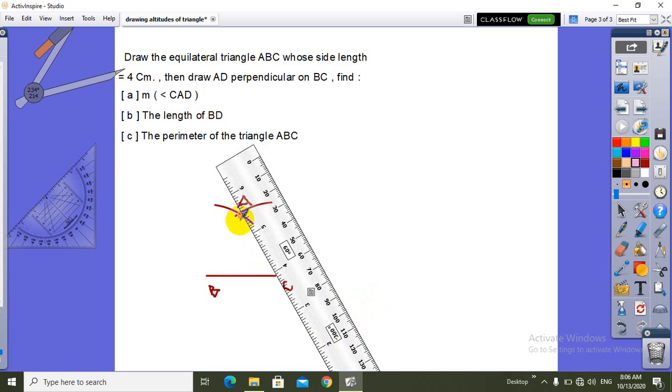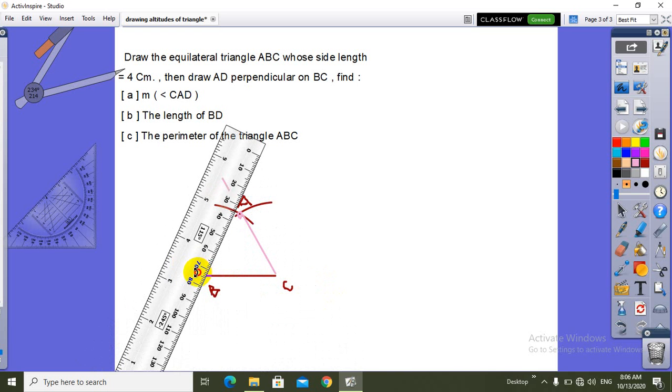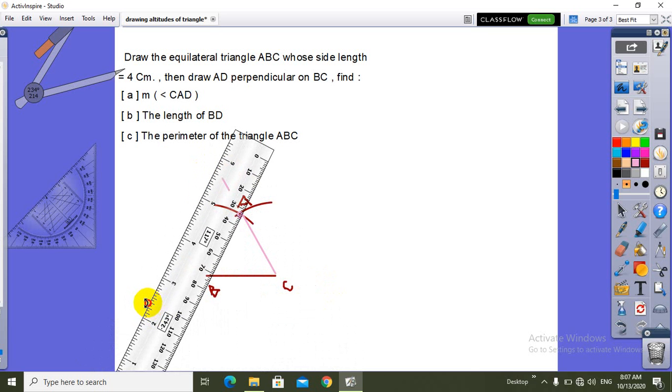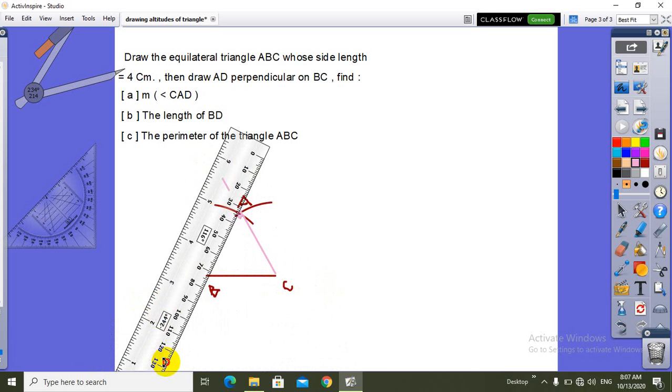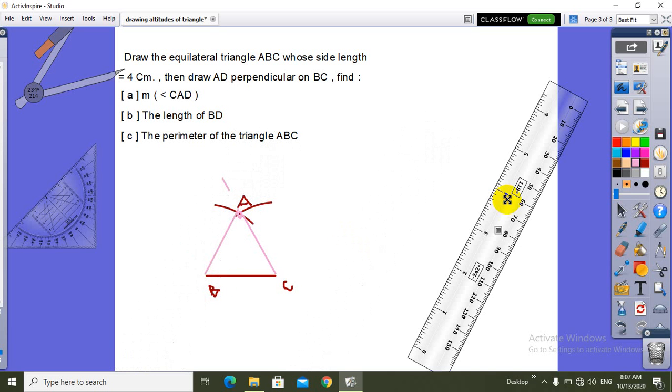Now I will join AC and turn the ruler to draw AB, the line AB. Now ABC is an equilateral triangle.